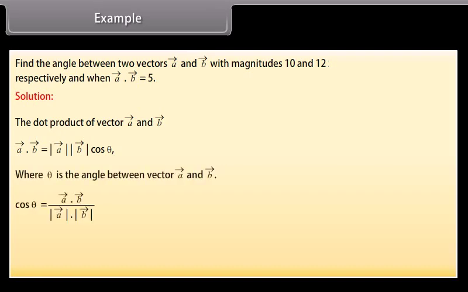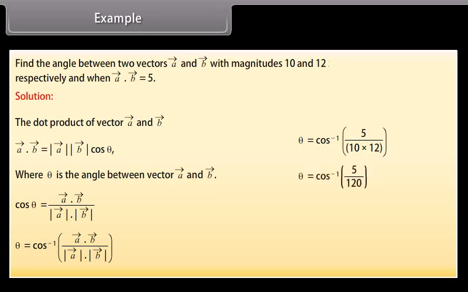Cos theta is equal to the dot product of vectors A and B divided by the magnitude of vector A times the magnitude of vector B. Theta equals cos inverse of the dot product of A and B divided by the magnitude of A times the magnitude of B. Theta equals cos inverse 5 by 10 into 12.